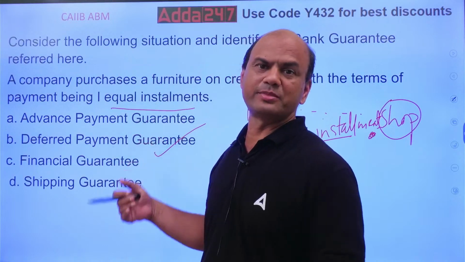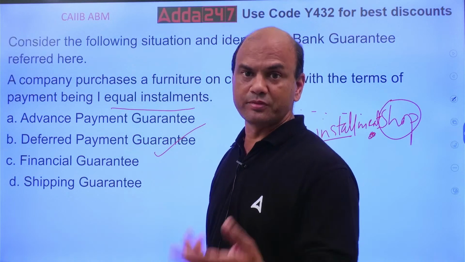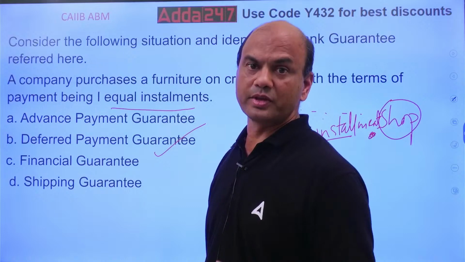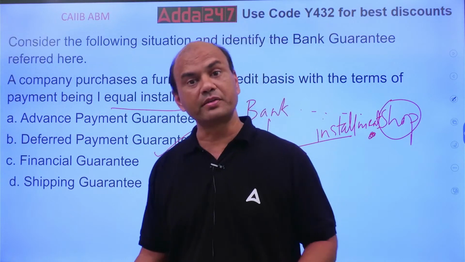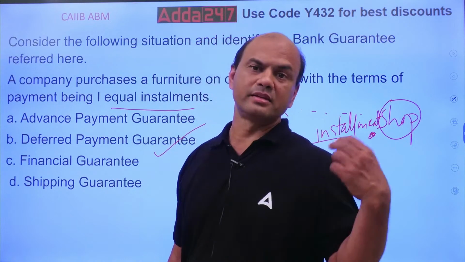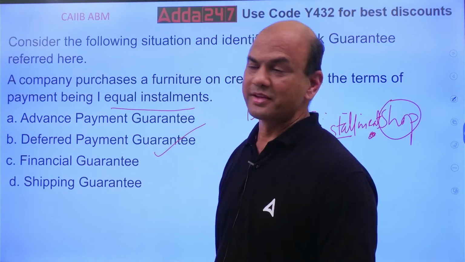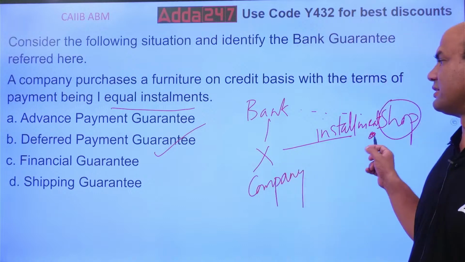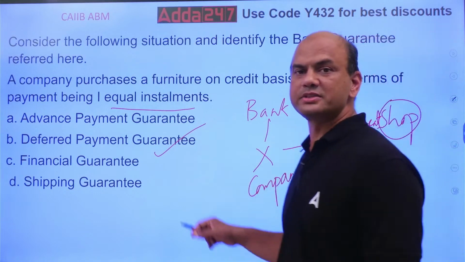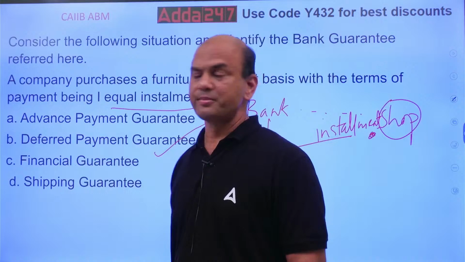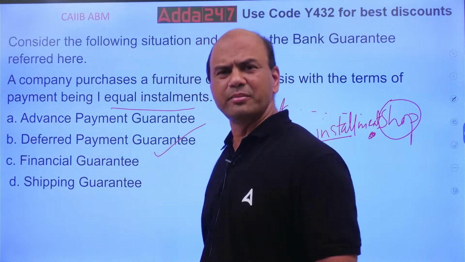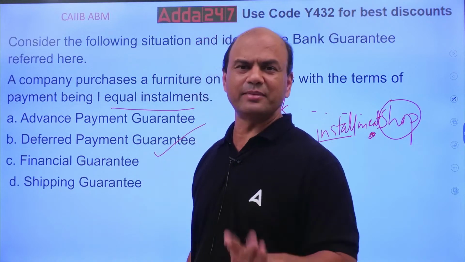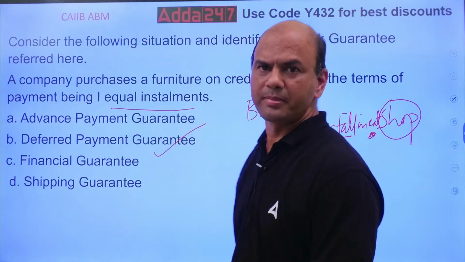It is when somebody has to give an advance payment for a purchase and does not have the money; for that, this guarantee is given. So here, installment payment is there, so it is called deferred payment guarantee, DPG. The method of solving this is the same as your normal guarantee.